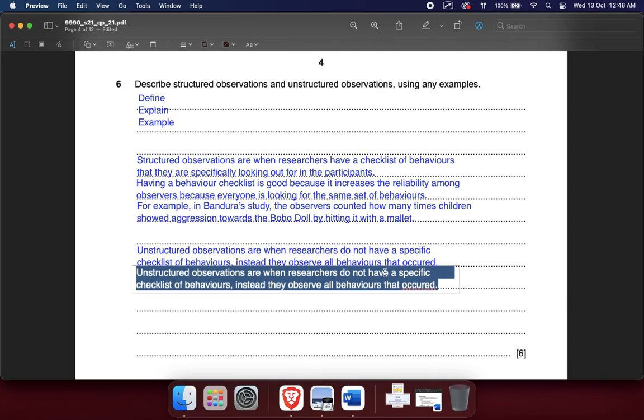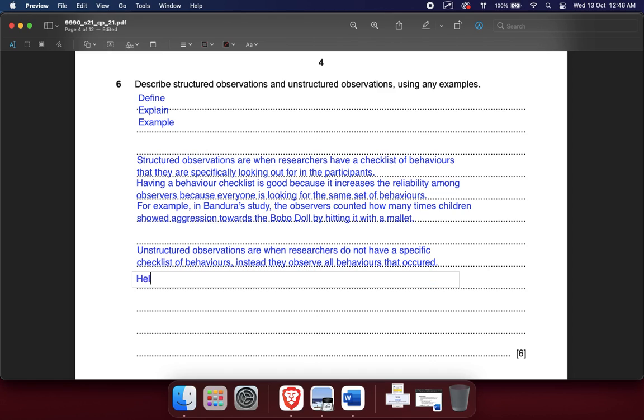Let's think of an answer. Is it good? Yes, it is good. So one of the things that you could say is that by doing an unstructured observation, you identify everything, and then it helps researchers narrow down certain categories of behavior by first observing all possible behaviors that could occur.